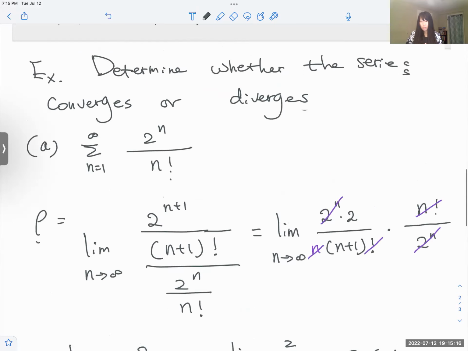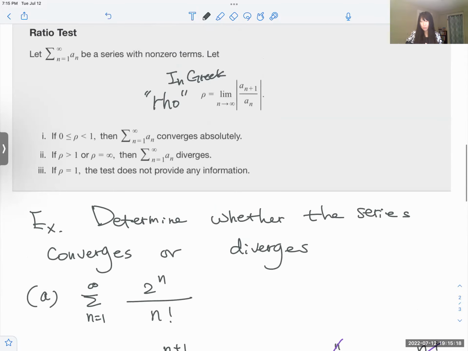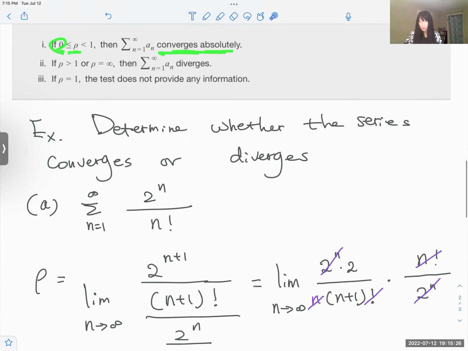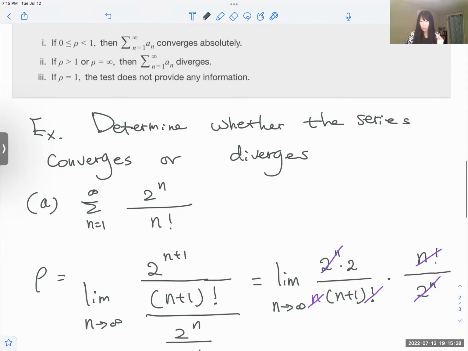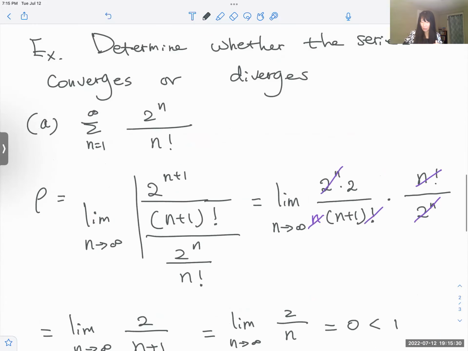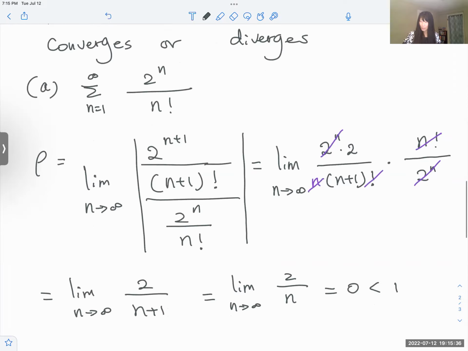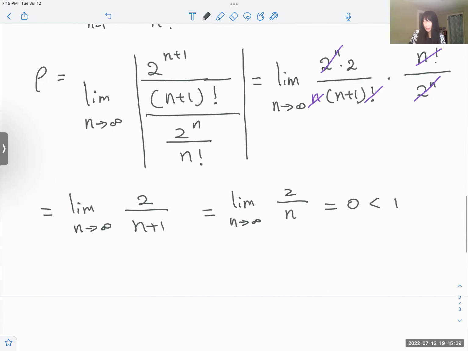So then look, how do we determine? 0 is included there, so we said it converges absolutely, right? So first of all, I have to make the absolute value. But in this case, it's okay because we don't have a negative sign, okay?